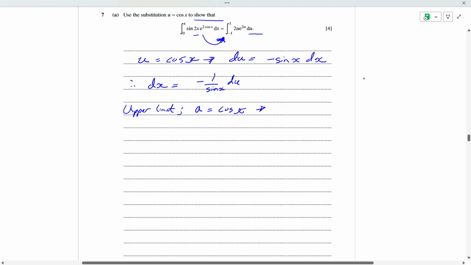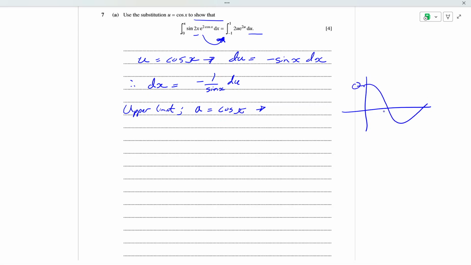A cos graph looks like this. This is 0. This is half pi, right? And that's pi. So it should be negative 1. Okay. That's where pi is for the cos graph.